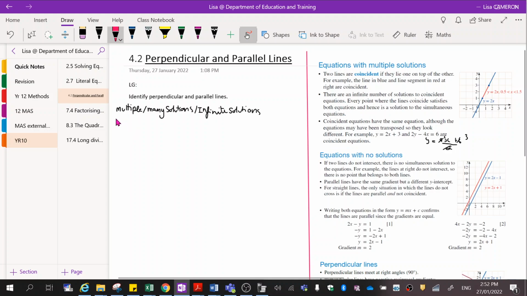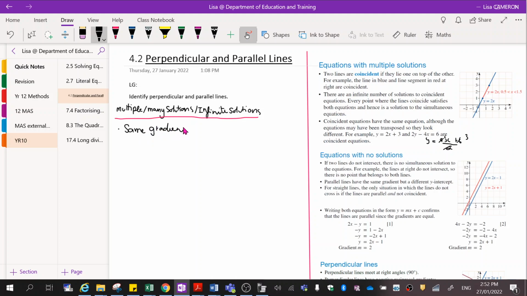The key characteristic of identifying that is if they have the same gradient and intercept. So if they have the same gradient and intercept, we would say that it is infinitely many solutions. It's essentially the same line, they're on top of each other.